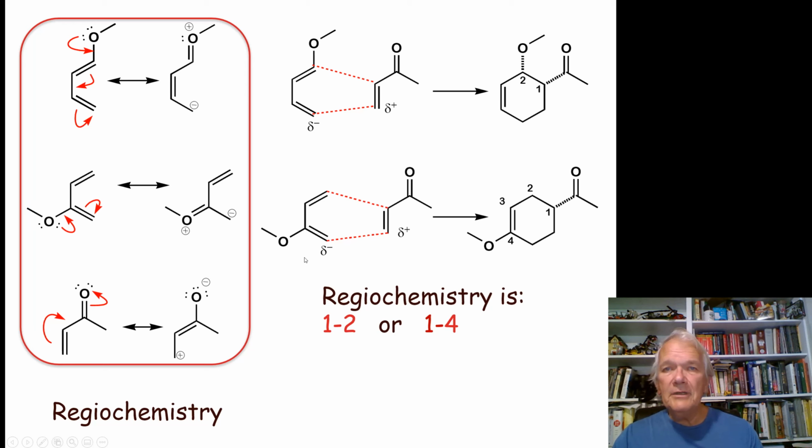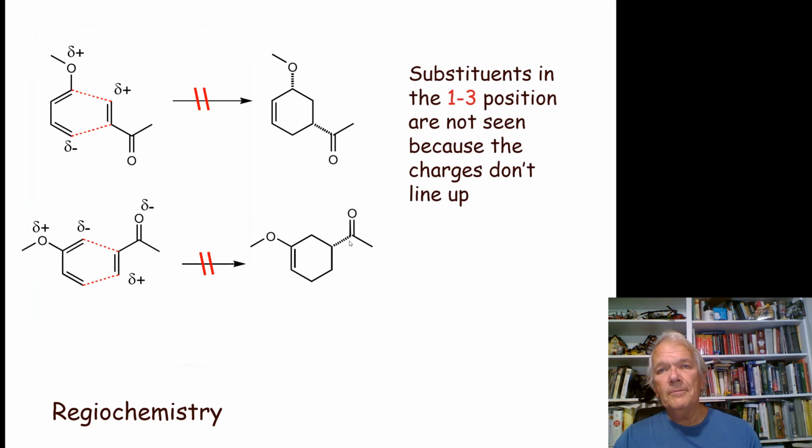This is kind of similar to the rules we did for aromatic chemistry, but the root of the rule is really very different. So 1,2 or 1,4. Which means if you bring it back this way, the charges are simply not working, and so you don't do this configuration. 1,3 just doesn't line up.